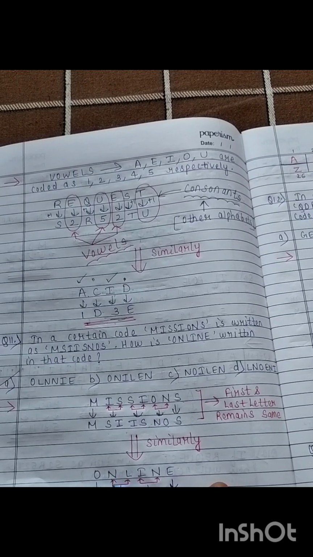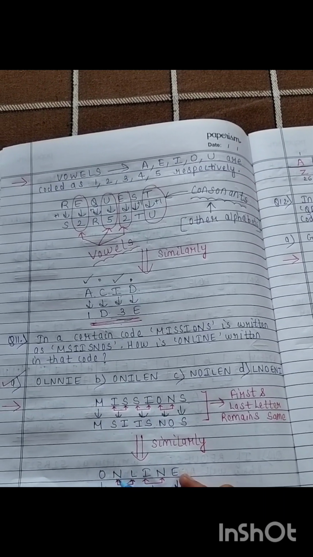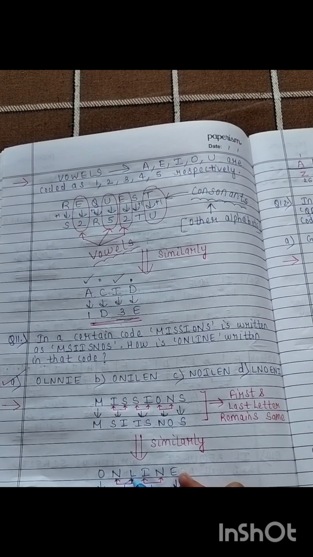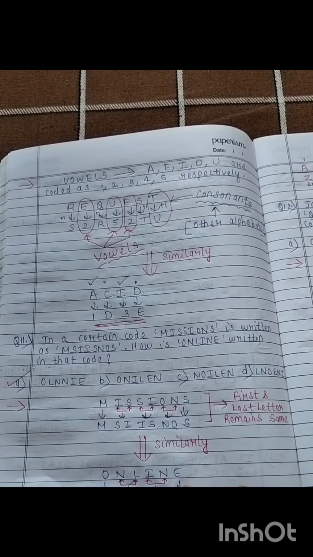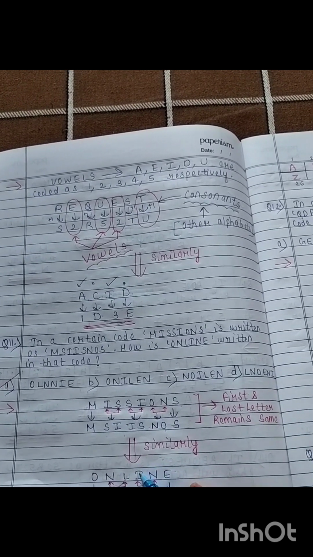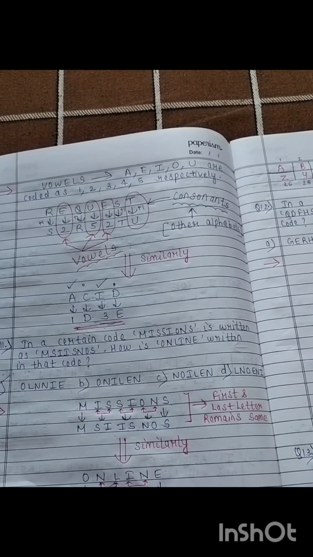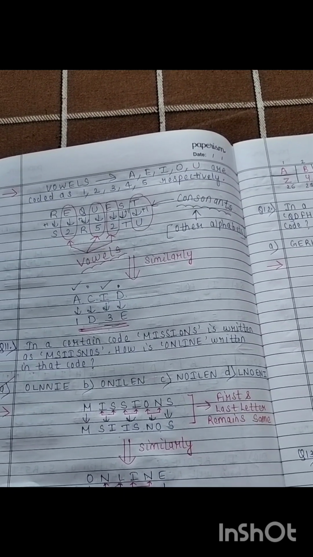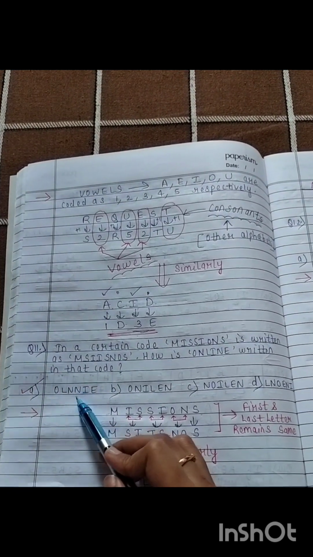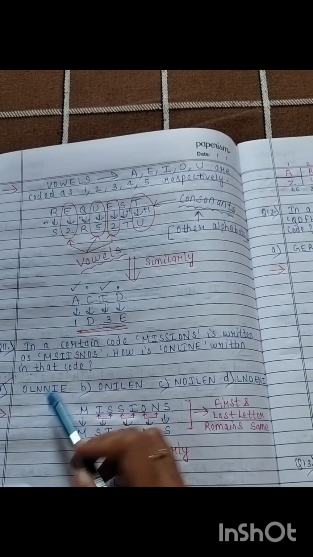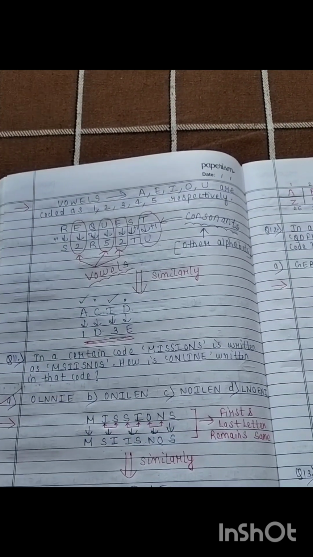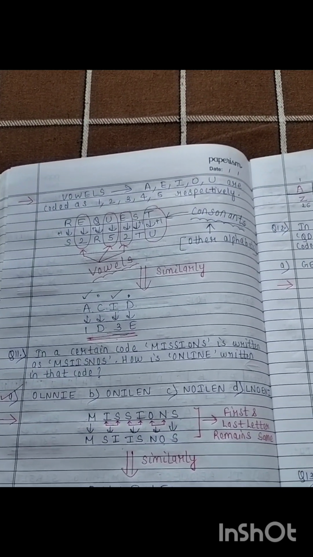The interchange of pairs has been done. So NL is there, so LN will come. Then again IN is there, NI will come. So this is the correct option. That is option A. This is one type of question in coding and decoding.